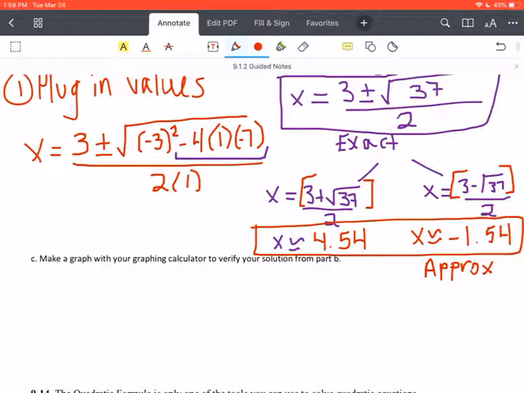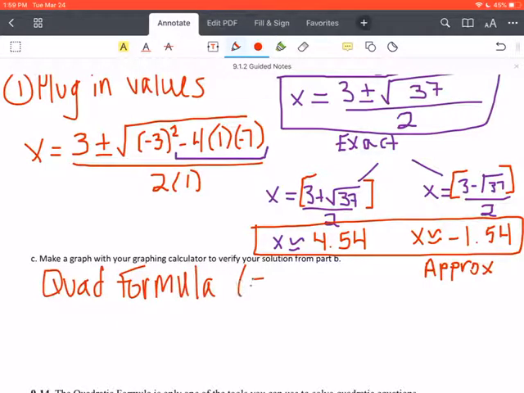So from here, we can make a graph of the original equation, and we can think about where we are going to look to verify our solution. Well, when you use the quadratic formula, remember, it has to be in standard form, and it has to be set equal to 0. So that really means that every time we use the quadratic formula, y has to be 0.